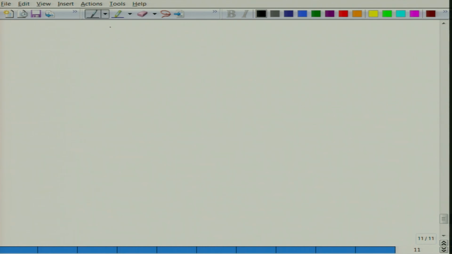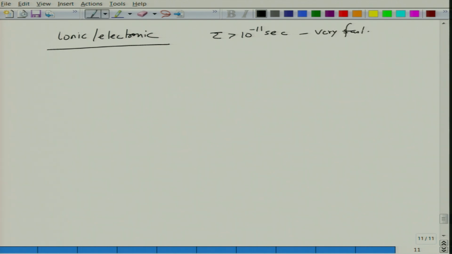So, let us say that for ionic and electronic your time scale is faster than this. So, basically time scales are very fast. In fact, I can say time scales are smaller than this actually, okay.